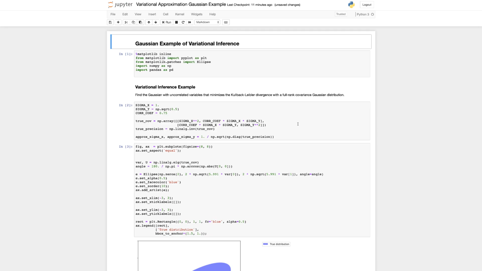We load the packages that we need. Our goal is to find this Gaussian with uncorrelated variables that minimizes the KL divergence or maximizes the ELBO, and we're going to do it for a full rank Gaussian. In other words, one that in fact has off-diagonal terms. And the cells below give the details of that.